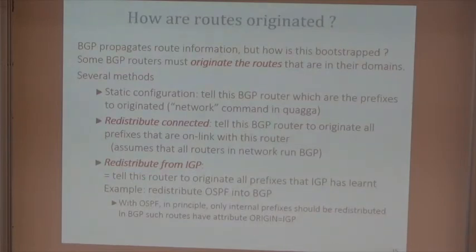But at some point, the routes have to be input into the system by some of the routers. This is most of the job of BGP, but typically, it is done by the routers that are in the domain where those prefixes exist. And there are some subtleties here.